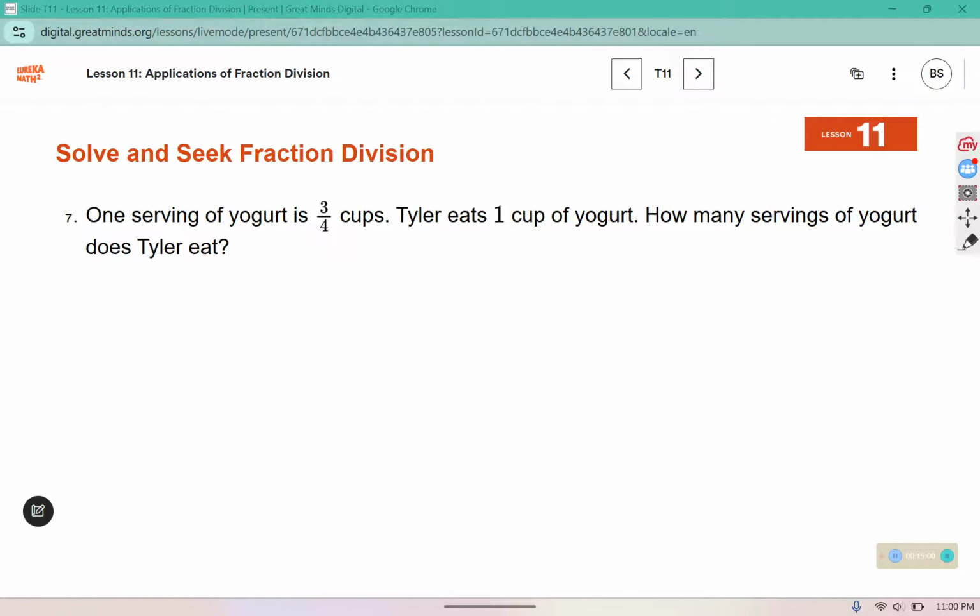1 serving of yogurt is 3/4 cups. Tyler eats 1 cup of yogurt. How many servings of yogurt does Tyler eat? We're splitting his 1 cup of yogurt into servings that are 3/4 of a cup. This is the same as 1 times 4/3.